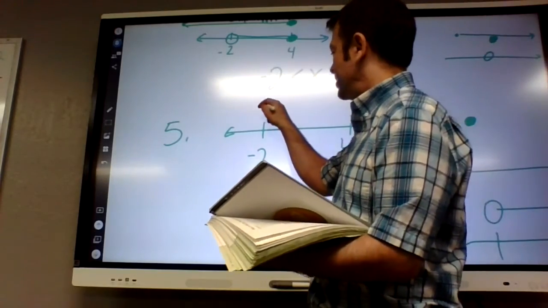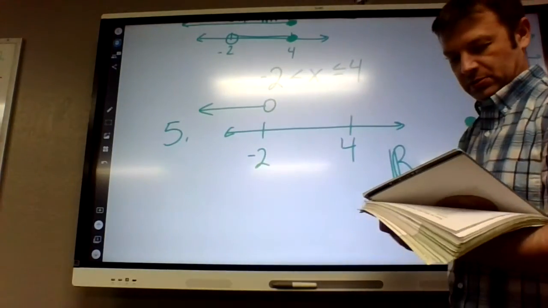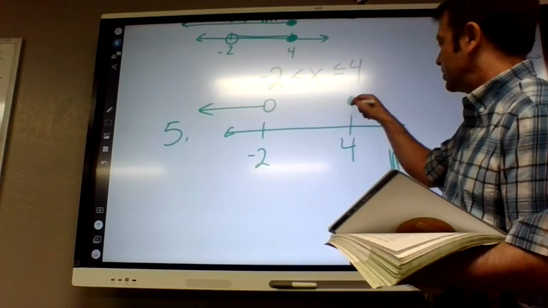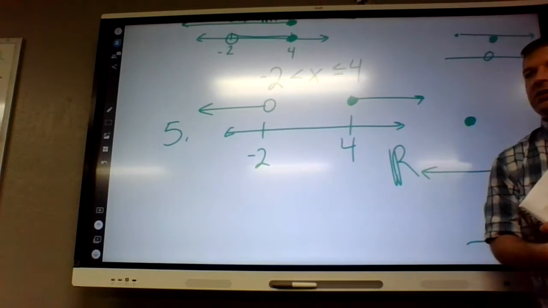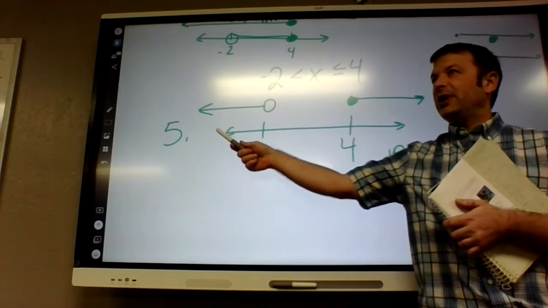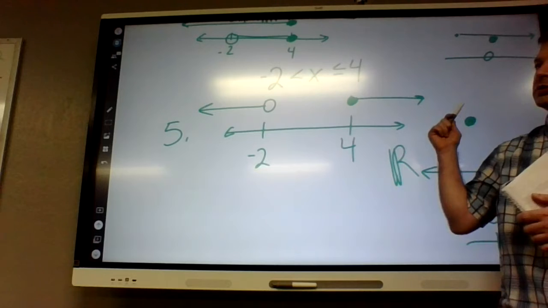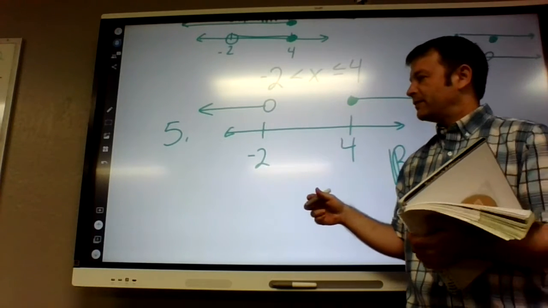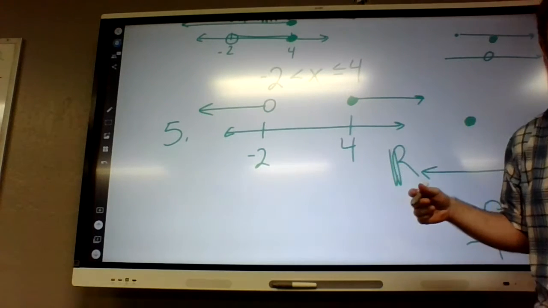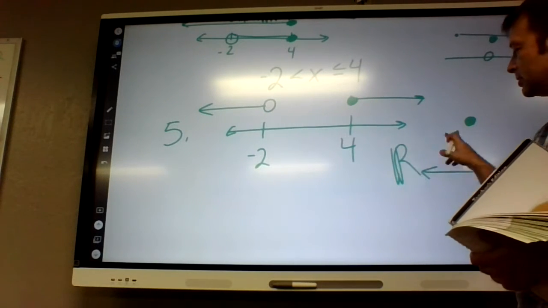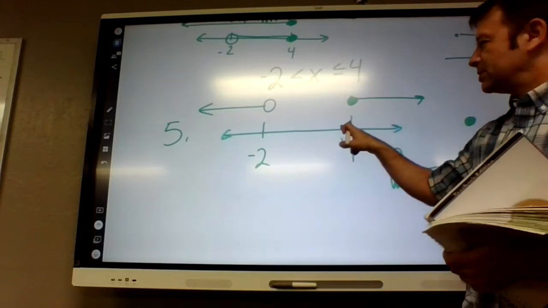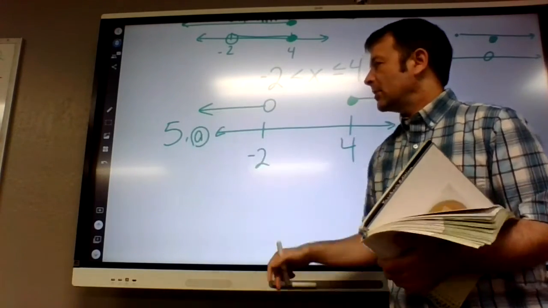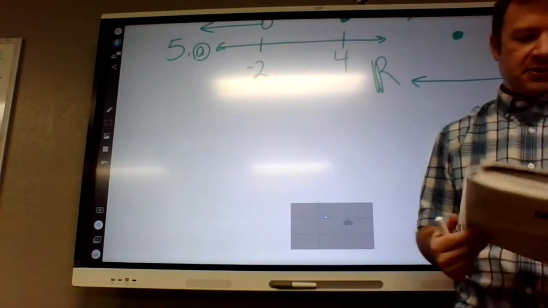So if you get X is less than negative 2 and greater than or equal to 4, what numbers are less than negative 2 and bigger than or equal to 4? None. So that's the blank graph, which is A. No solution. That's option A. Alright, I accidentally did 6 earlier.